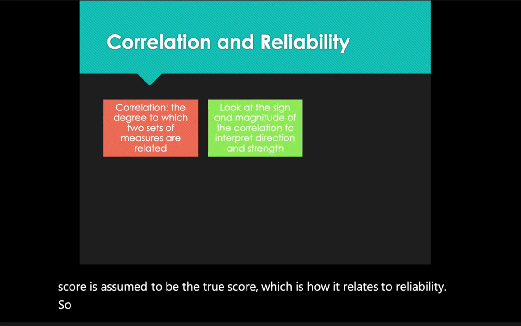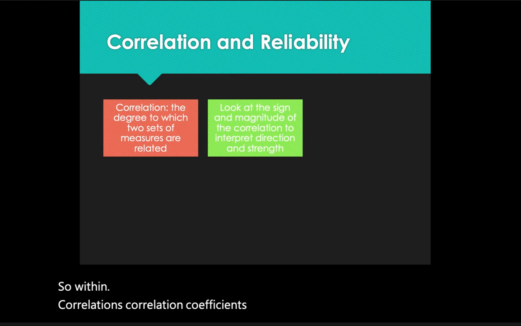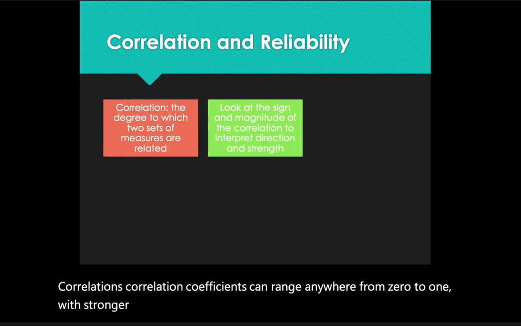So within correlation coefficients can range anywhere from 0 to 1, with stronger coefficients represented by larger numbers.